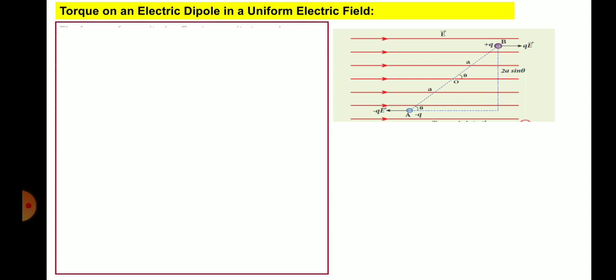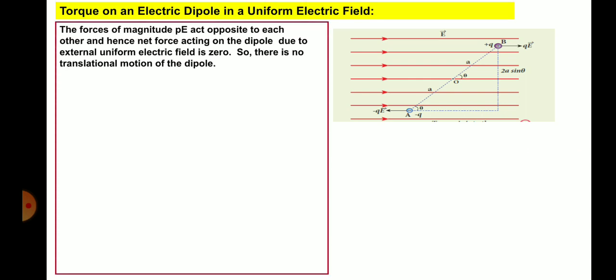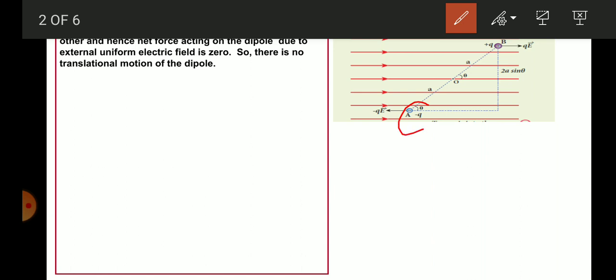What is torque, that we should understand. Before that, when a charge plus q and minus q is placed in a uniform electric field, they experience a certain force. That force is calculated because we know the electric field intensity formula, E is equal to F by q.